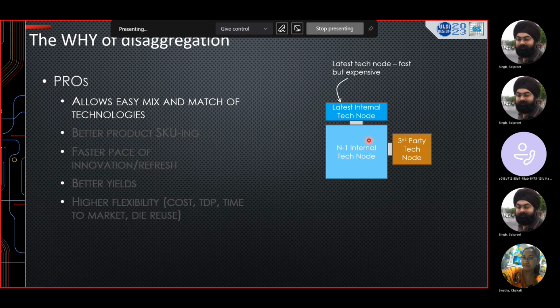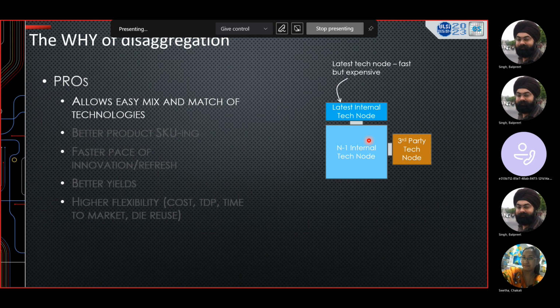Now the question is that you have some part of your logic, let's say your core or your graphics cores, that you want to run at the highest frequency, where you want to get the maximum performance, and obviously you want to put that in your N technology, the greatest and latest technology.